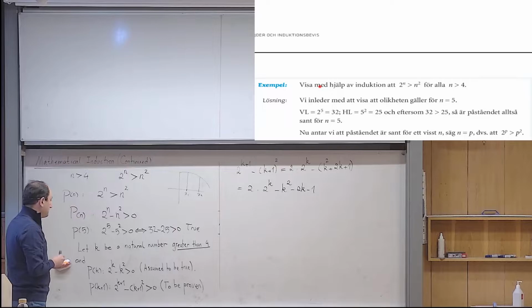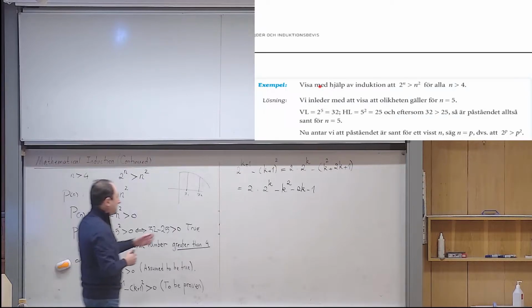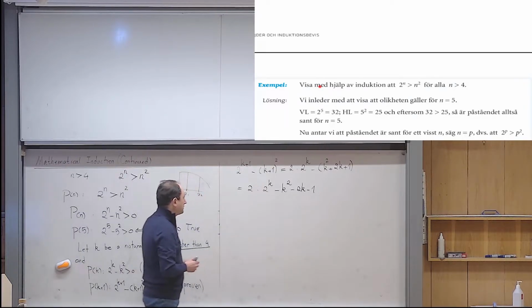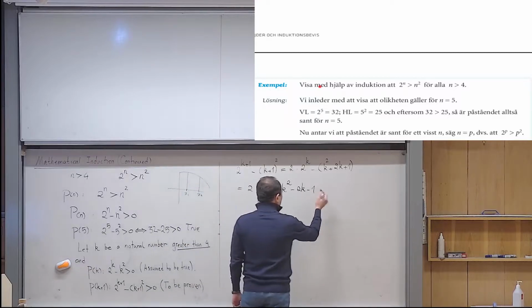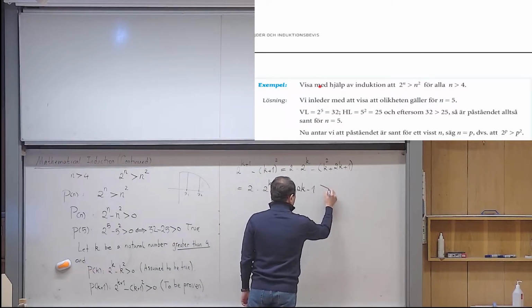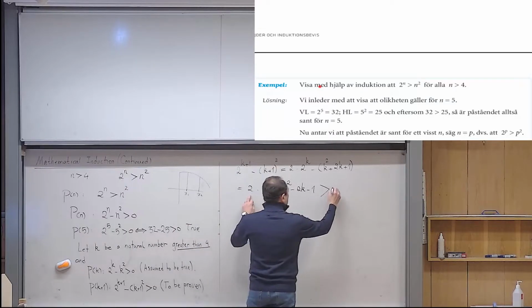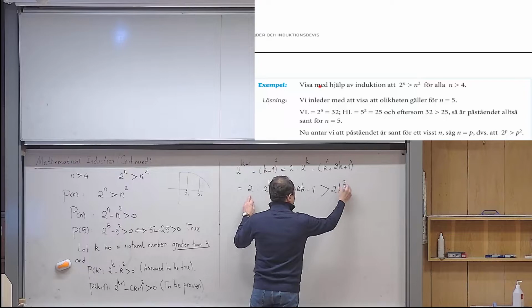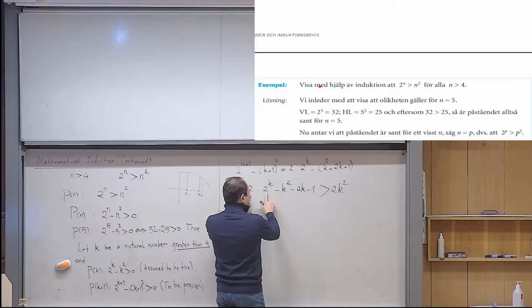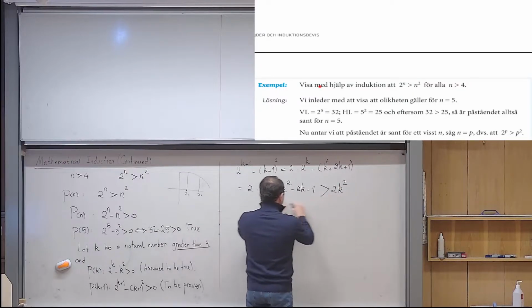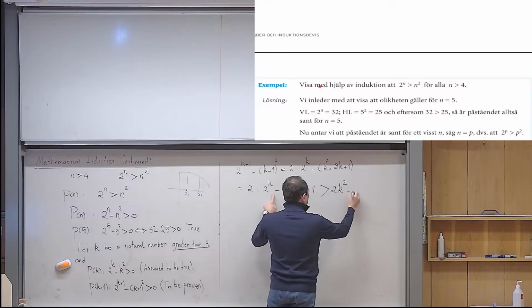So what can I do? I see that I have 2k to the power of 2. Can I say that, I will write something and then I ask you, okay, I want to say that this is definitely bigger than 2, and then you tell me why. Instead of this, I write this, but then I copy and paste everything after that.